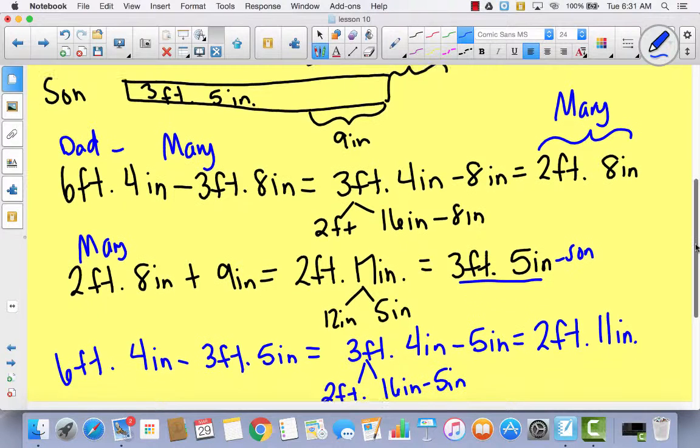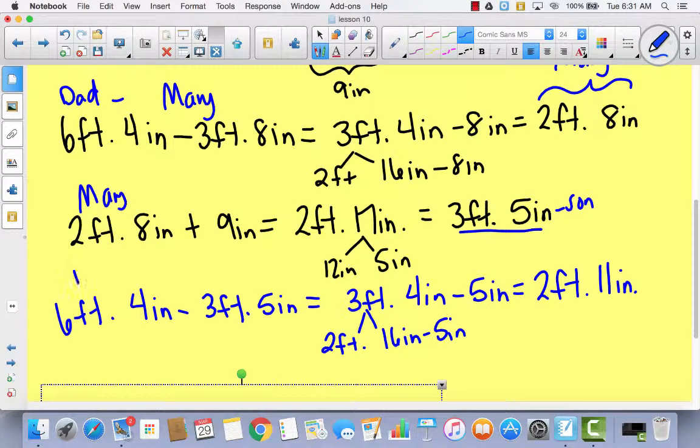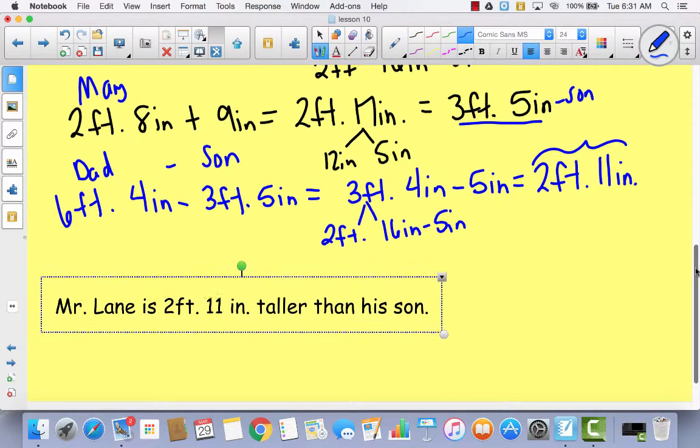So then to find out how much taller Dad was, I had to subtract. I took Dad's height minus the son's height, so I ended up with the dad being 2 feet 11 inches taller than the son, so that's what I wrote my statement as. Mr. Lane is 2 feet 11 inches taller than his son.